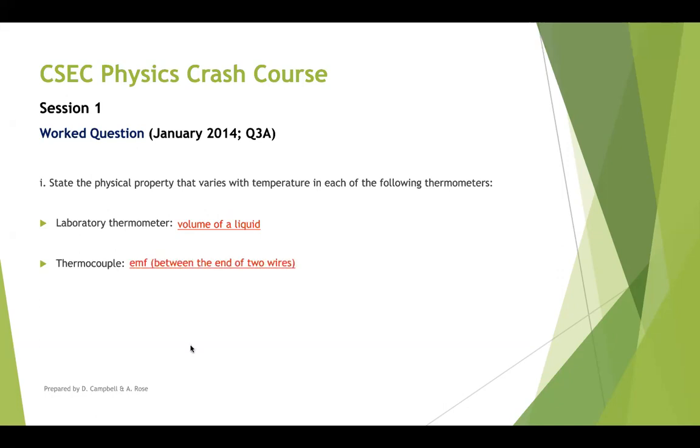And for the thermocouple, it is the EMF. EMF means electromotive force. So the EMF between the ends of 2 wires will change whenever the temperature changes. So just simply stating the answers here.